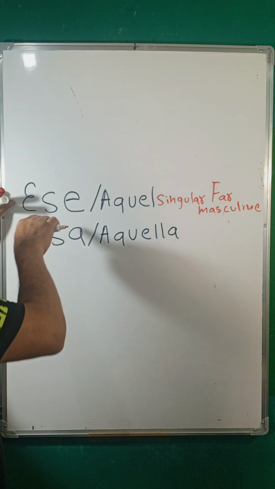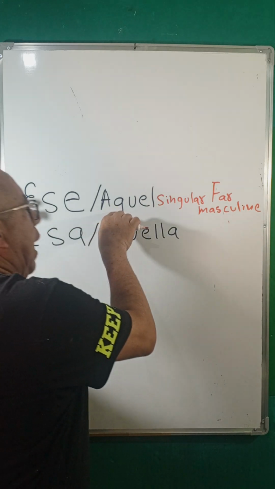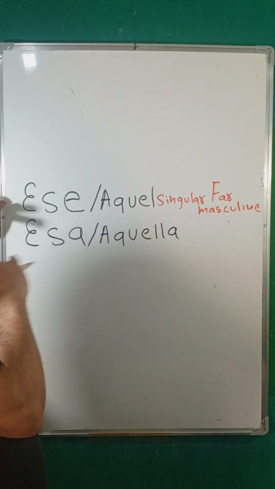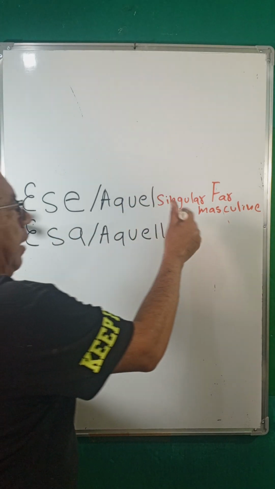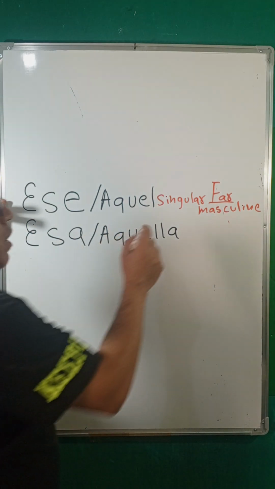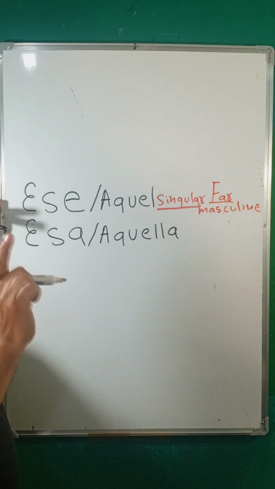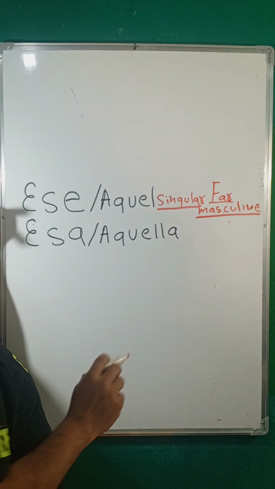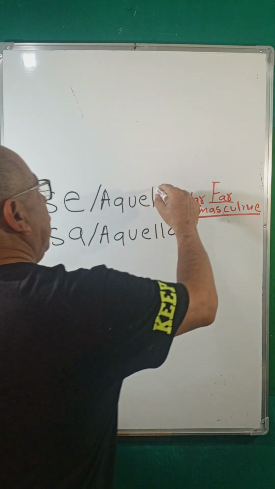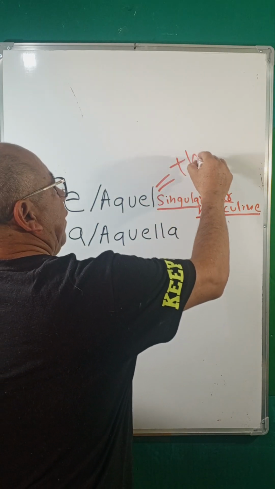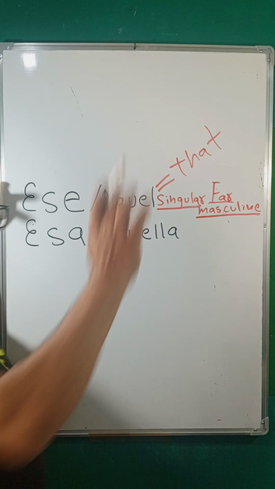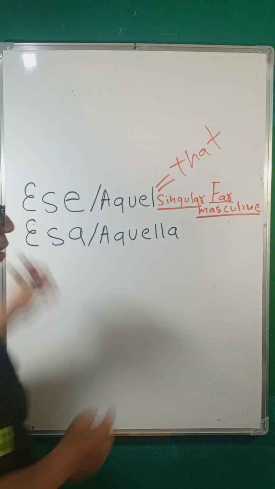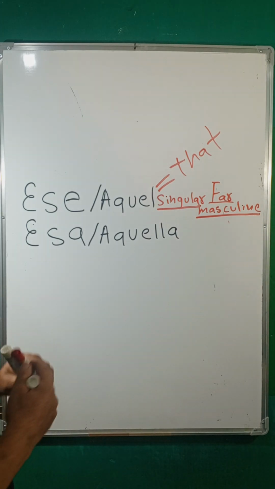So with ese and aquel, we are talking about nouns that are far from me, singular, and masculine. In English, we have "that." Ese, aquel is equal to that. Okay, let's write our examples.